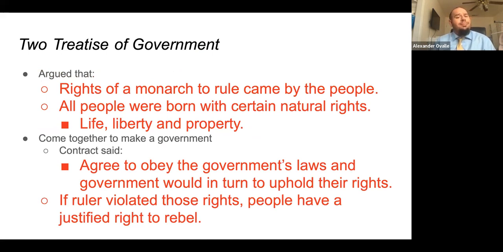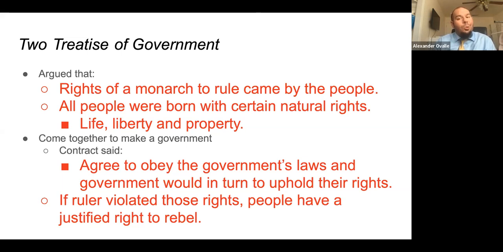In this book, John Locke argued that the rights of a monarch to rule came by the people. All people were born with certain natural rights: life, liberty, and property. And these people come together to make a government.